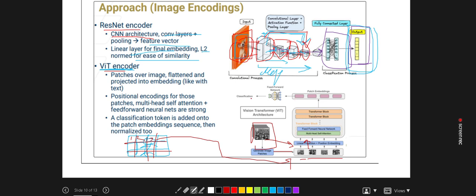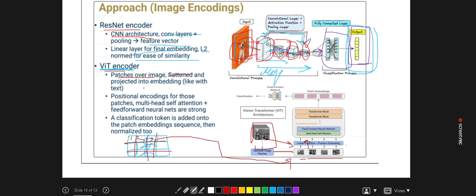So this ViT is just like transformers. Because of the attention mechanism, we get a much better and more detailed understanding of the relationships between the different patches, and the feature understanding through ViT encoders.